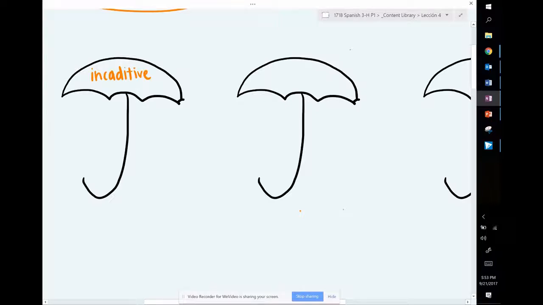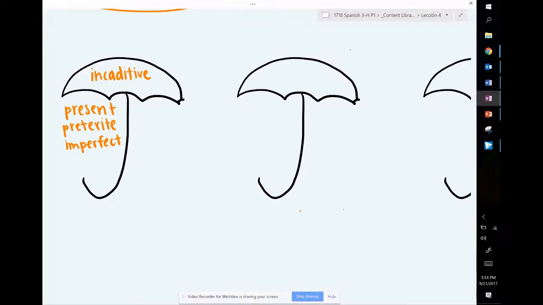The indicative is basically the present tense, the preterite, and the imperfect. So back in Spanish 1, when your teacher taught you the present tense, what they were really teaching you was the present indicative.